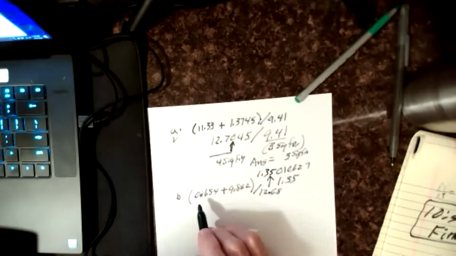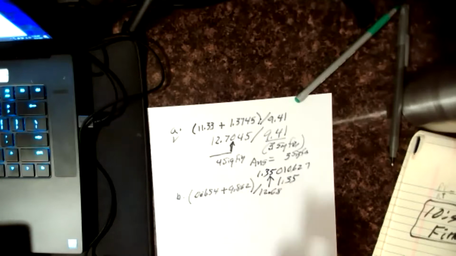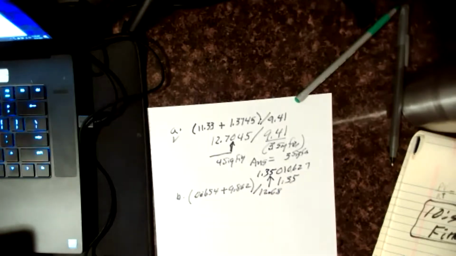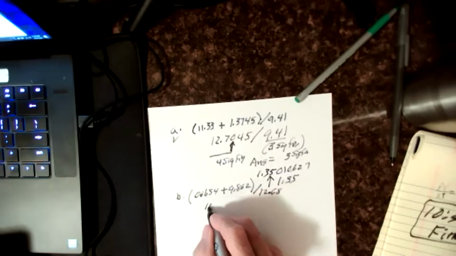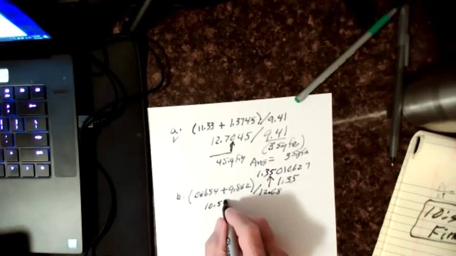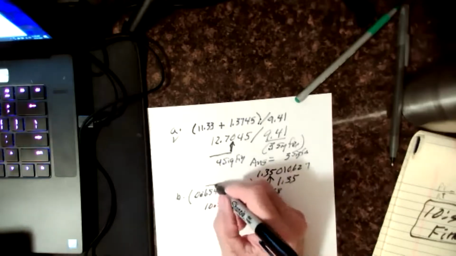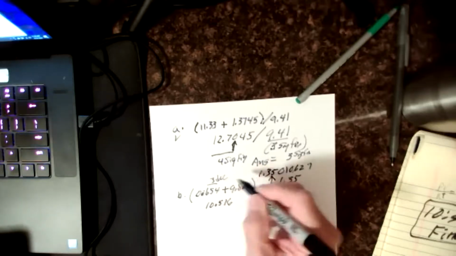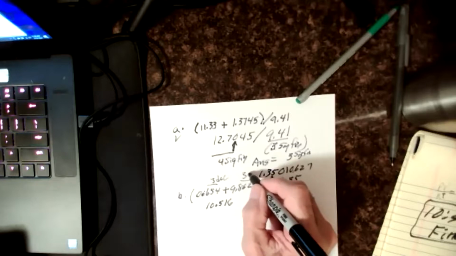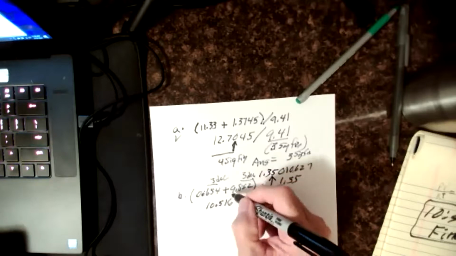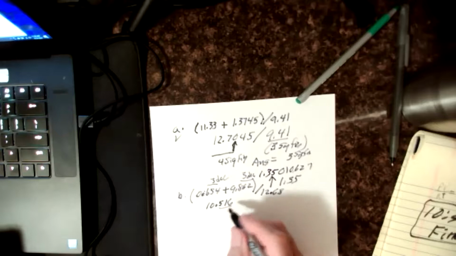All right, so here we go. 0.654 plus 9.862. This comes out to be 10.516. And now I've got 3 decimal places, and 3 decimal places, so the answer would have 3 decimal places.